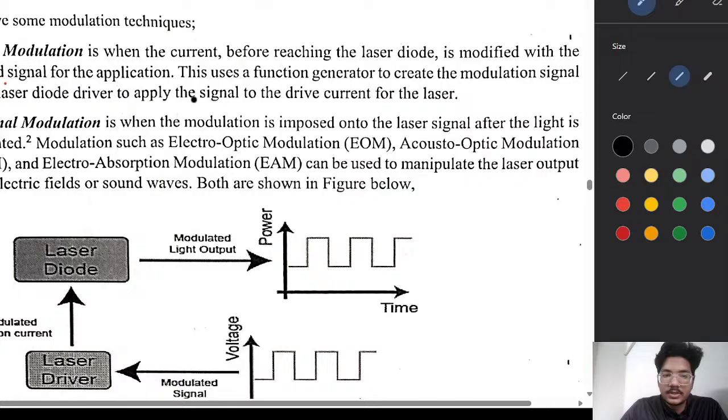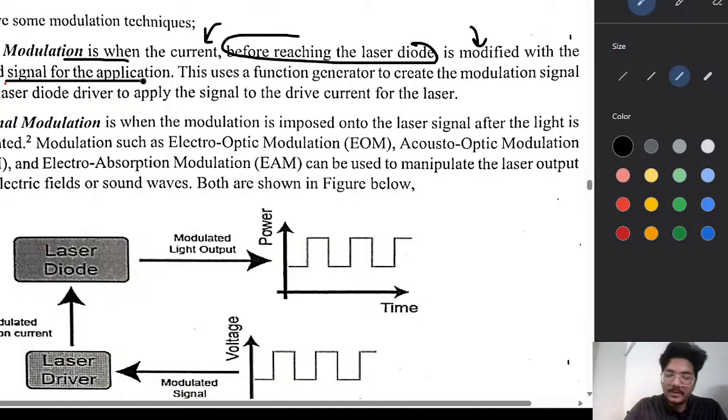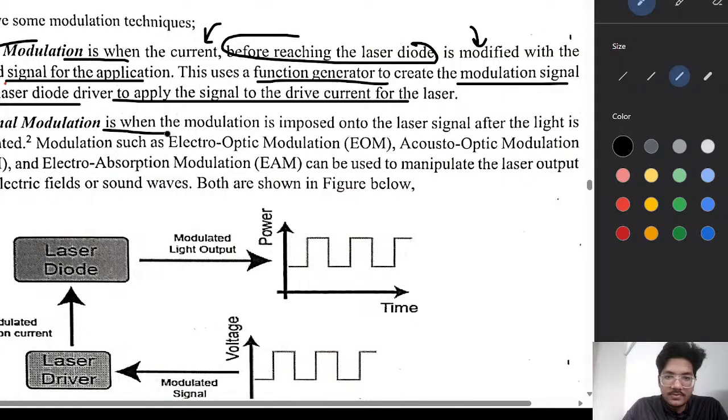Direct modulation is when the current before reaching the laser diode is modified with the desired signal for the application. In external modulation, the modulation is imposed on the laser after the light is generated.